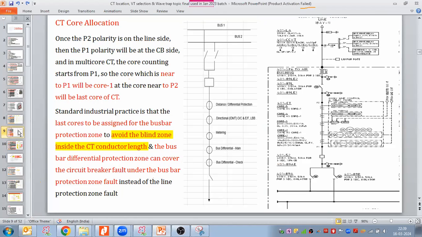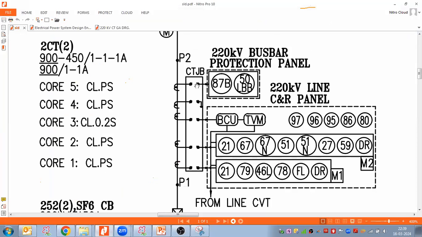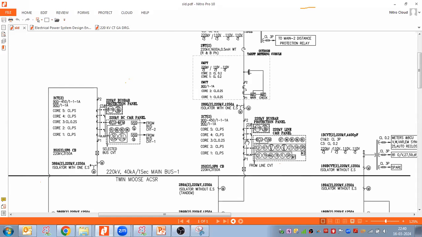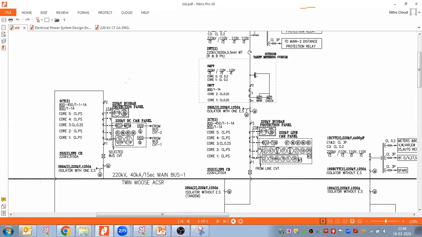Please make sure of all these discussions when you are making the SLD. The small, minor point is very important, so go into minor-to-minor detail depth. This is what I'm taking. Otherwise, from my side, CT sizing I have covered, finished.